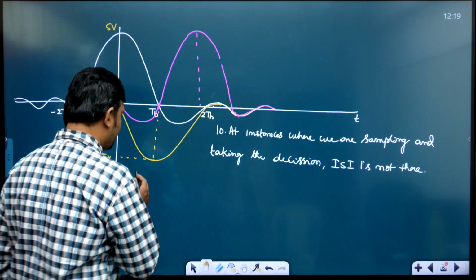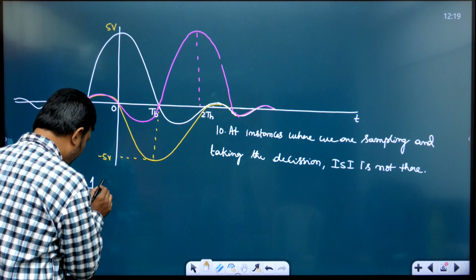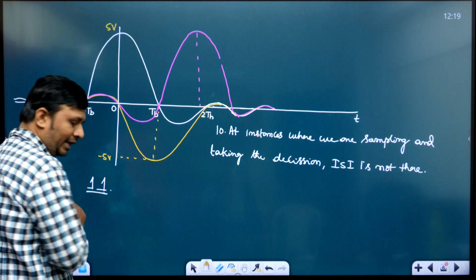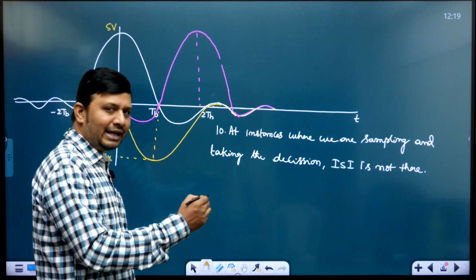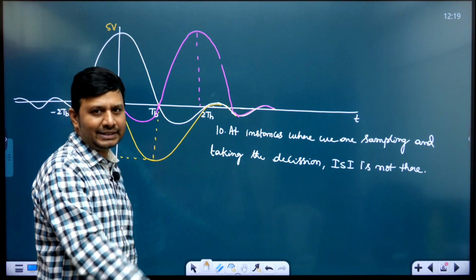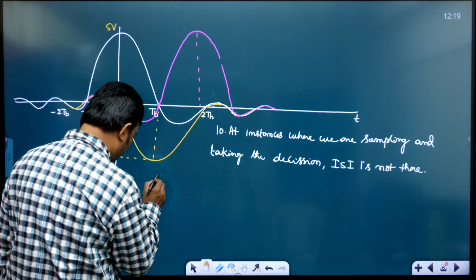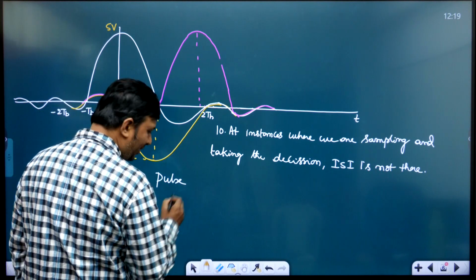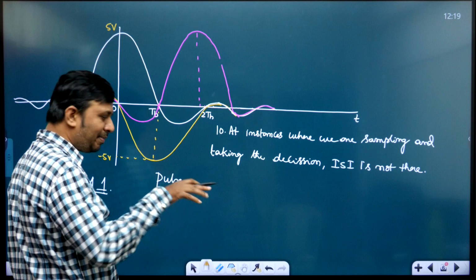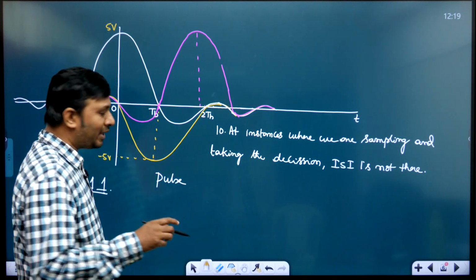So pulse shaping using a band limited signal. Look here, you are transmitting a band limited signal through a band limited channel, which is what is known as pulse shaping. Because we are not using rectangular pulse, we are shaping the pulse in order to avoid intersymbol interference.